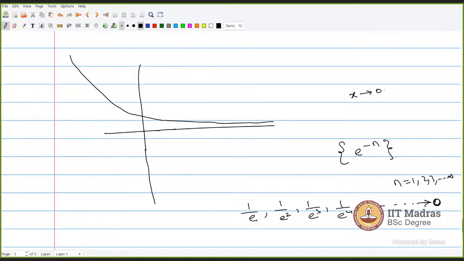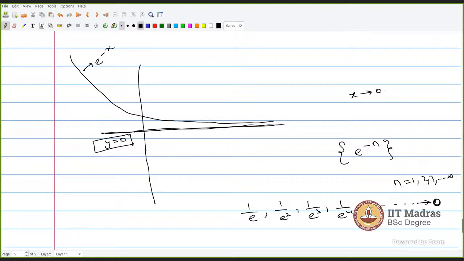Yes, sir. Also, if you see here, e power minus x has a horizontal asymptote, y equals 0. Correct? Wrong? See, what is the asymptote of this function e power minus x? y equals 0.